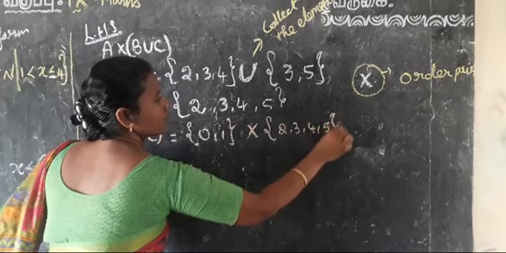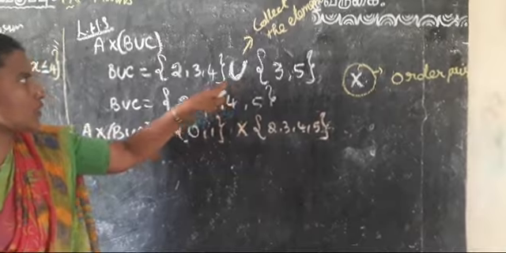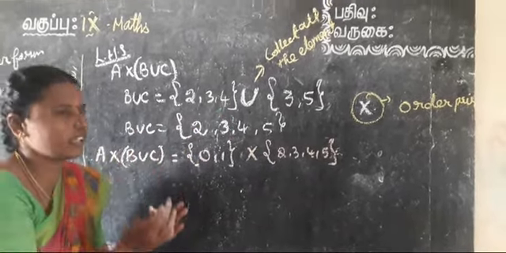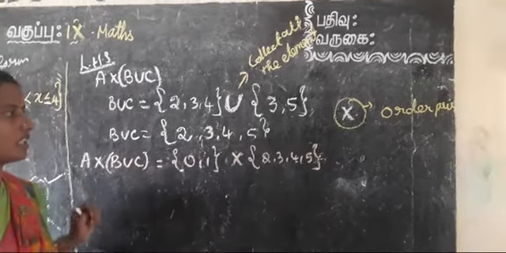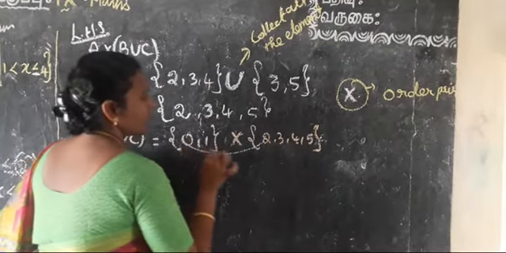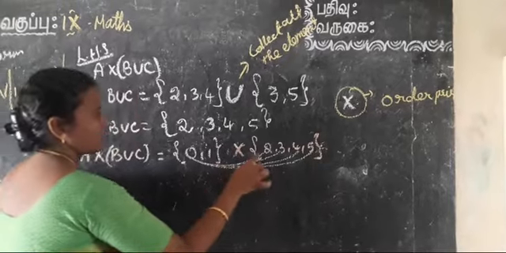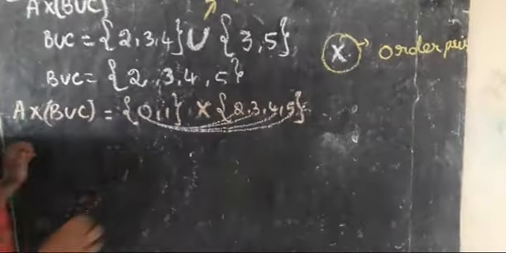Clear? Okay. Next, if the union symbol is given, you have to join and write the elements, collecting them. If the cross product symbol is given, you write ordered pairs. Likewise, ordered pairs: 0, 2, 0, 3, 0, 4, 0, 5.